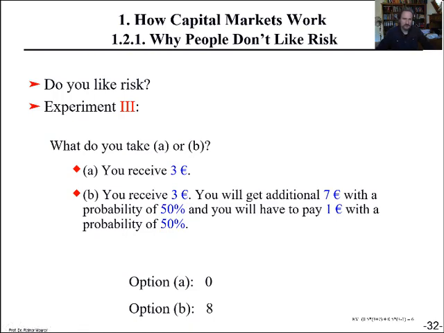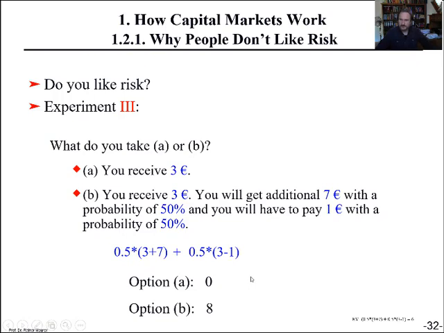Here the expectation value of the certain payment is again €3, while the expectation value of the uncertain payment is again a little bit higher as before. The expectation value of option B is 50% times (3 plus 7) plus 50% times (3 minus 1).